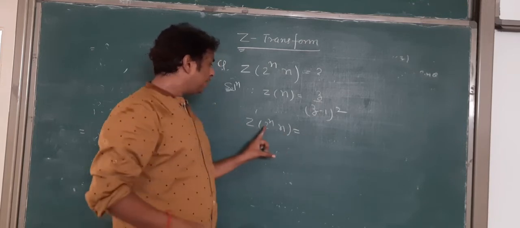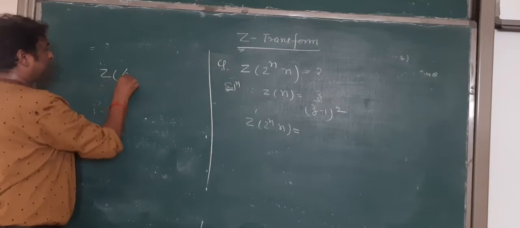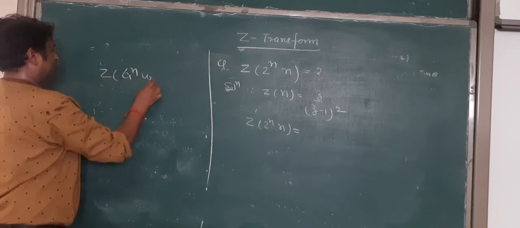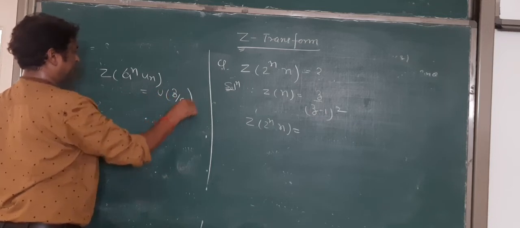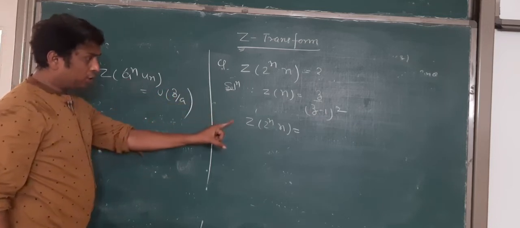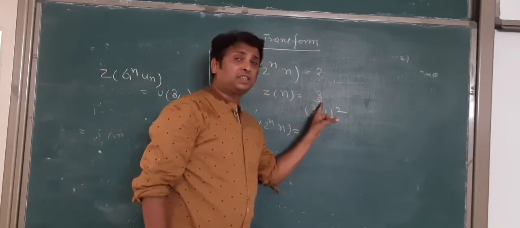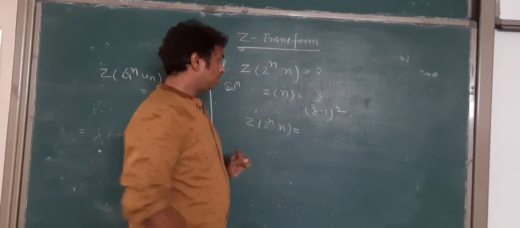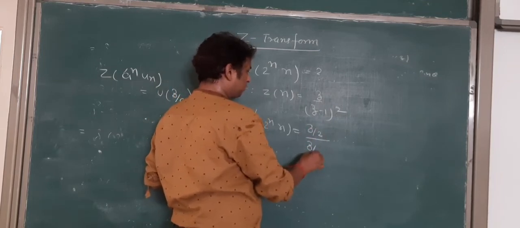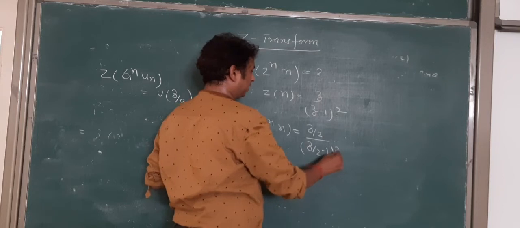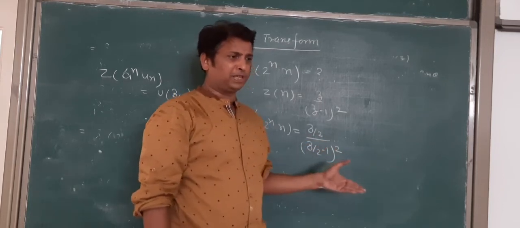You know the formula: z of a to the power n times f(n) is F of z by a. So what is the value of a here? 2. So here we have to replace z by z by 2. So what we get? z by 2 upon z by 2 minus 1 whole square. Now simplify this. This is easy to simplify, so please do it.